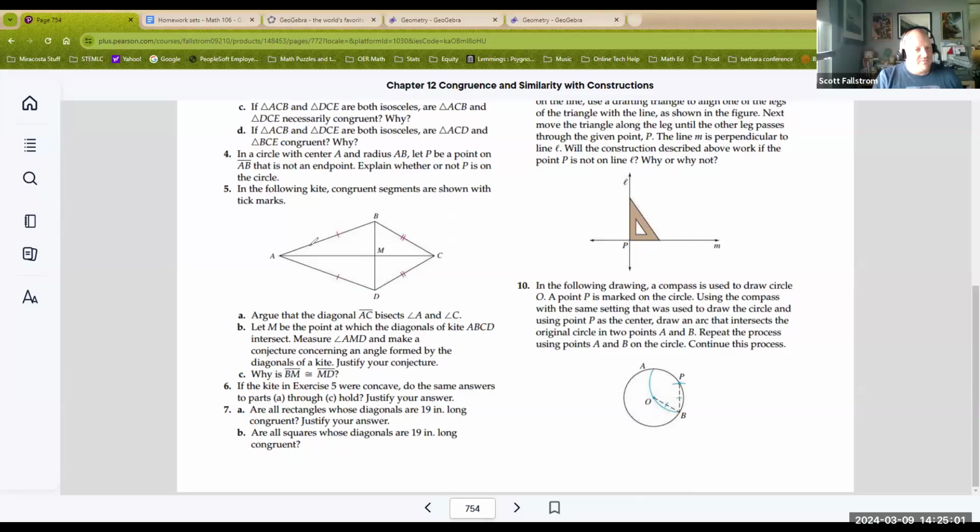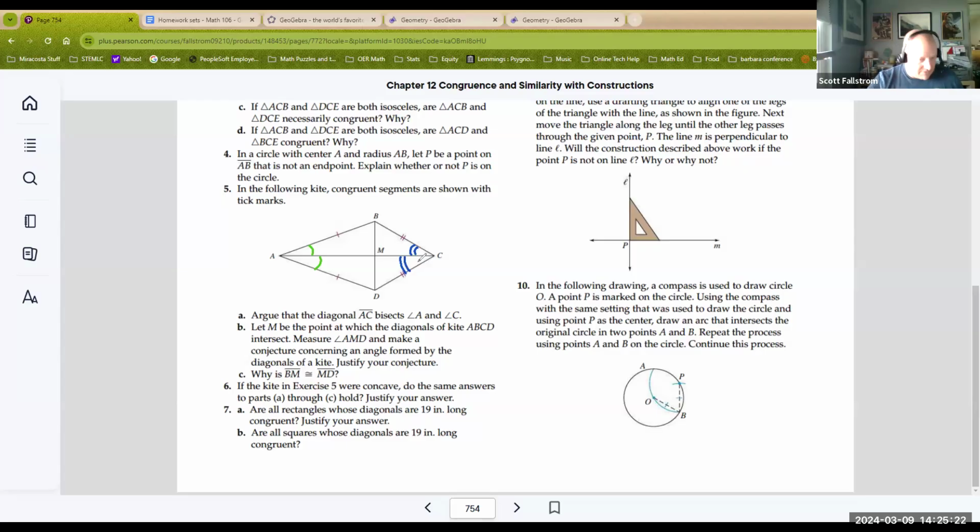But you're trying to prove that the angle right here has to be the same as the angle below it. And it also says the same for C, so that this angle would have to be the same as this angle. Are those two the same angle? And if so, why?